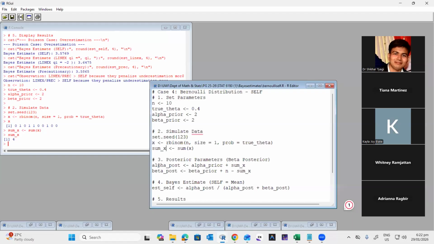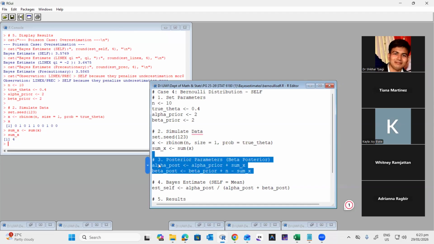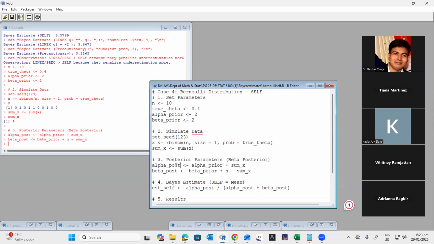So that's why we are defining alpha post, which is equal to alpha prior plus sum of x, and beta posterior will be equal to beta prior plus n, that is the length of x, minus sum of x, right? So we just find out the values of alpha posterior and beta posterior.